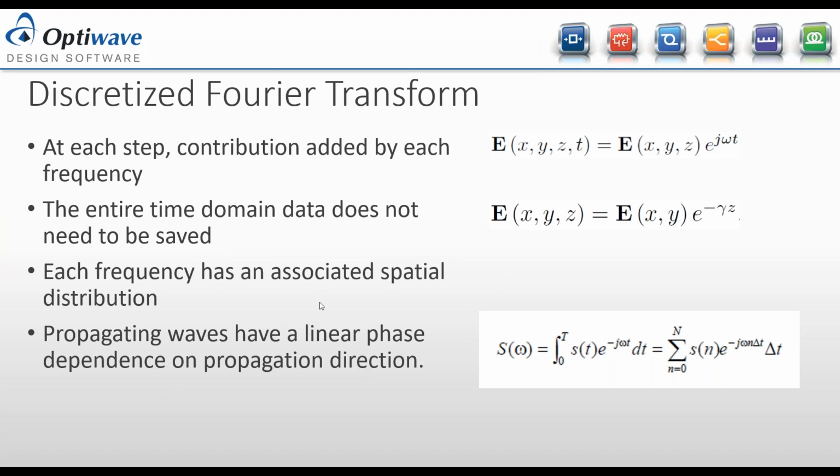And because this is going to be important so that we understand what it means, I just want to show that a propagating wave like I showed before up here, the gamma z, propagating waves have a linear phase dependence on the propagation direction, right? As z increases, if this was purely imaginary, which it's going to be in the simulation, then the phase of this complex number is going to change linearly with the z direction.